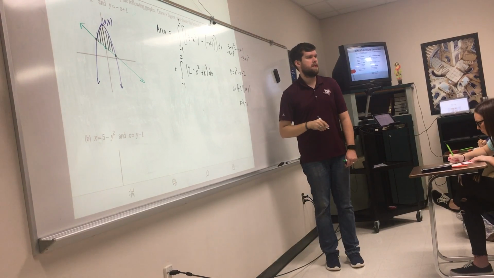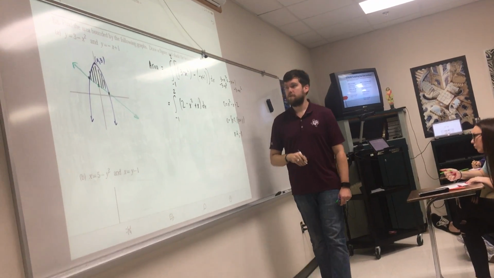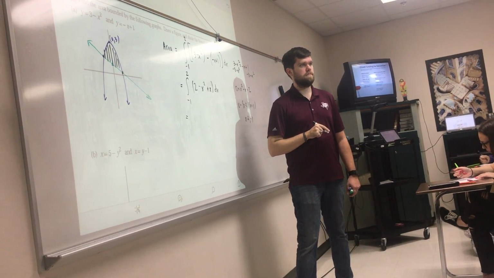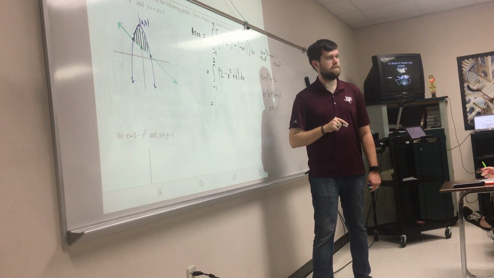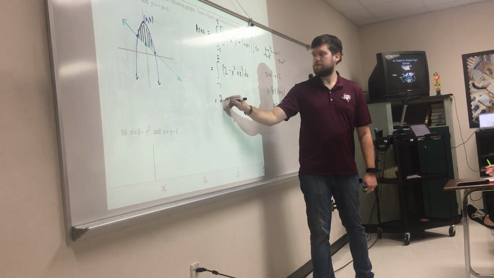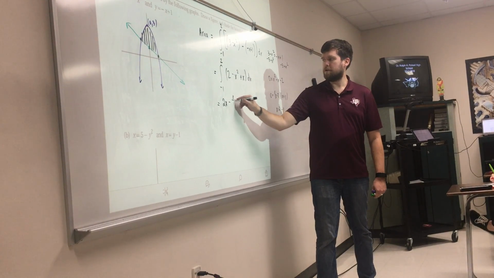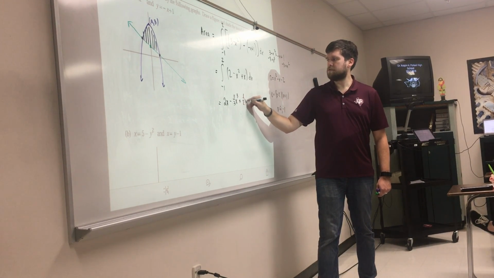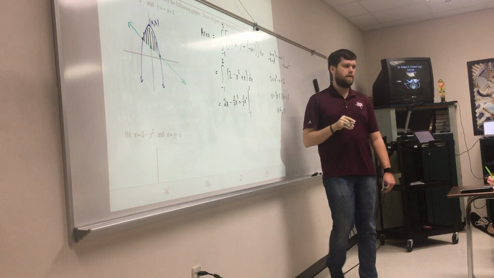Okay, so that's just me collecting the like terms, and now I need to use the fundamental theorem of calculus to evaluate this. So I need an antiderivative first, which will be what? 2x minus a third of x cubed plus a half of x squared, evaluated from negative 1 to 2.